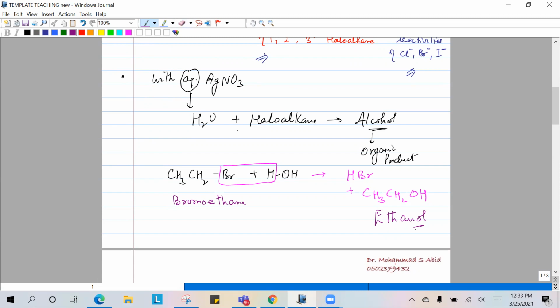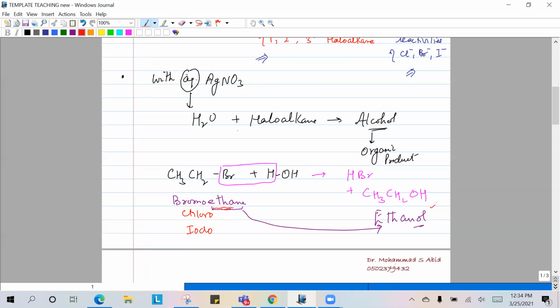So depending on how many carbon atoms there are, that will decide the alcohol. Whether you take chloroethane or iodoethane does not matter. What matters is the number of carbon atoms. If there were 3 carbon atoms, you will get a propanol.